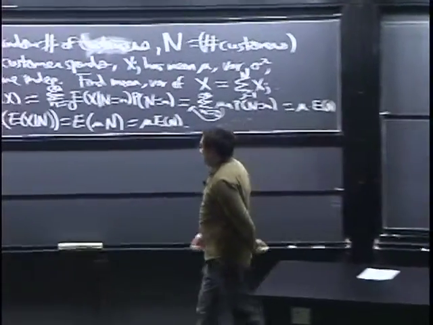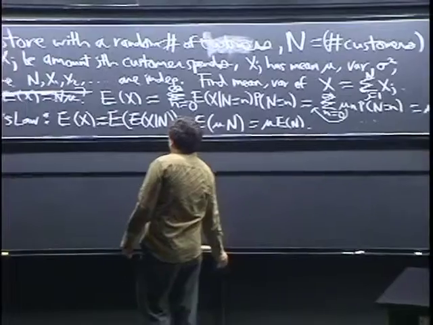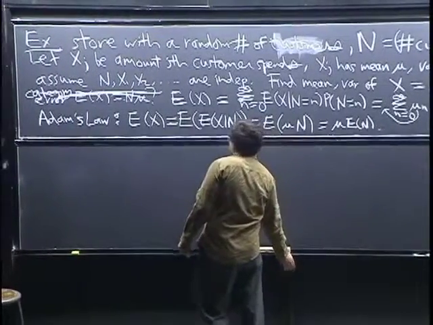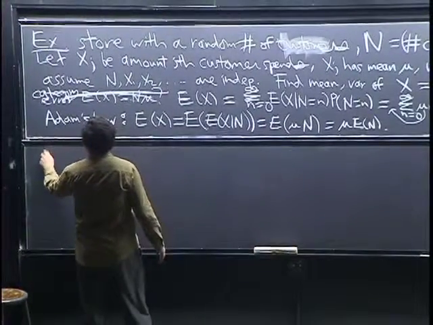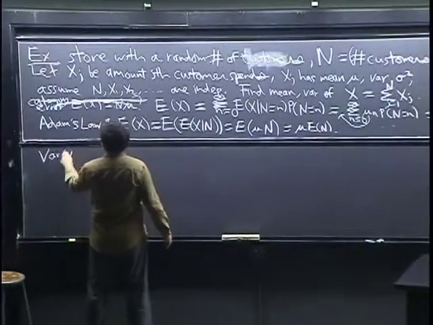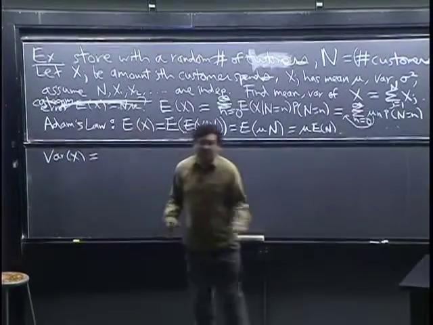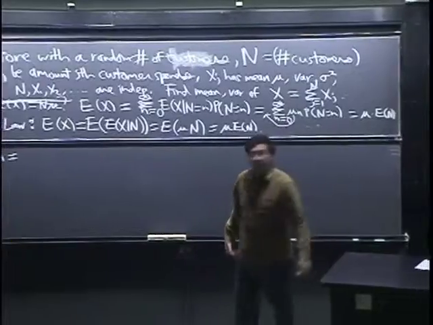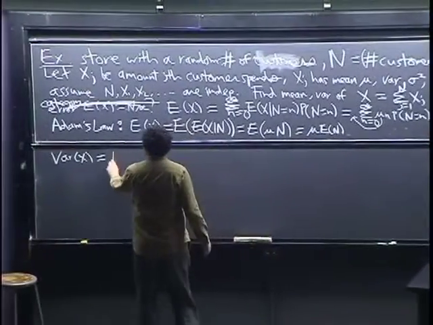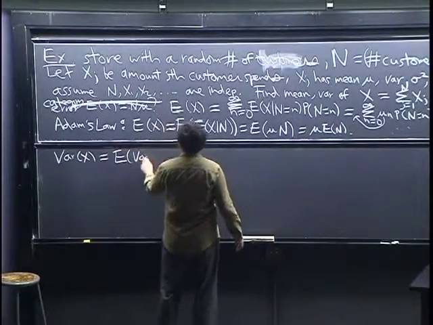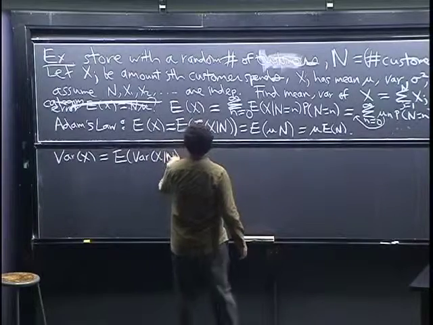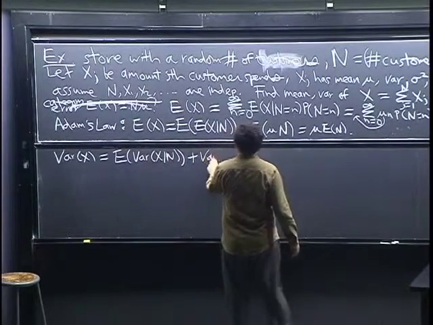Let's get the variance. For the variance, we're going to use Eve's law. So variance of x equals, same idea, condition on n. So it's the expected value of the variance of x given n plus the variance of E of x given n.